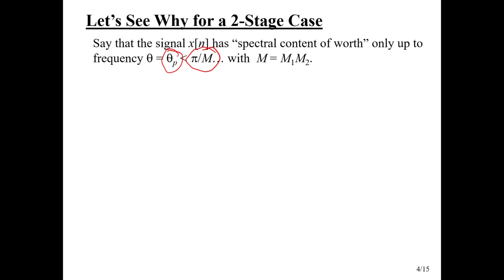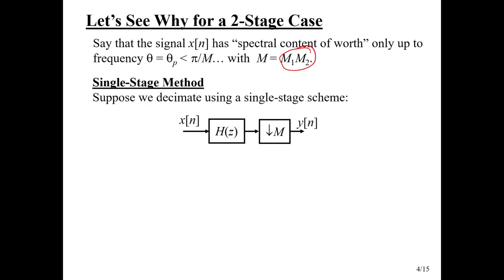And we'll see that throughout the course. So for right now, just accept the fact that we have oversampled this signal by a factor of M, and we'd like to bring it back down to 1/Mth of that sampling rate. And furthermore, we're going to say that this M here can be factored into two integers. I don't state that M1 and M2 are integers, but they need to be for what we're talking about here.